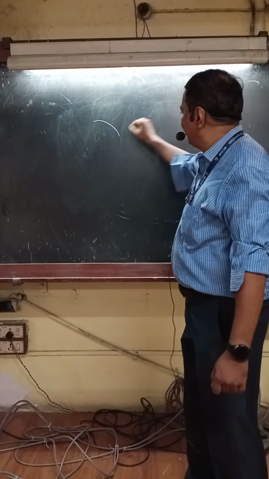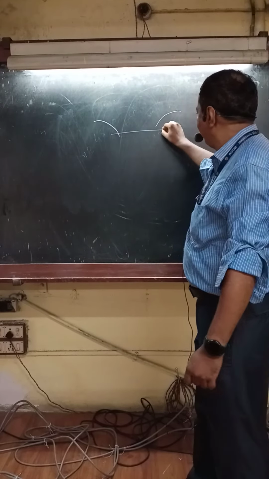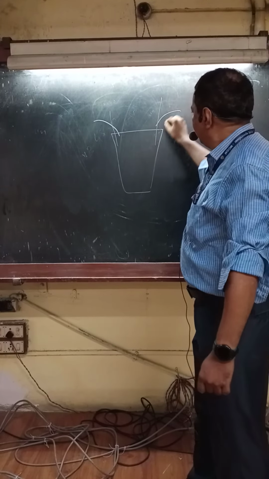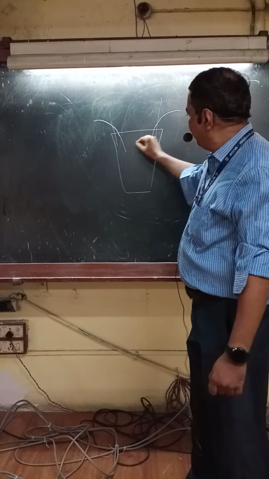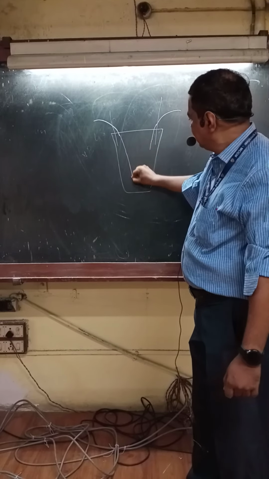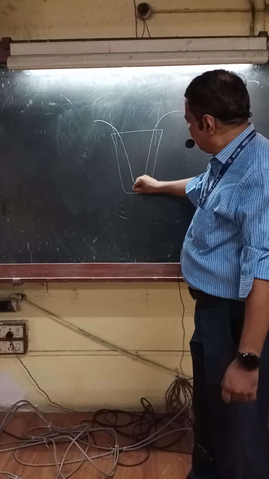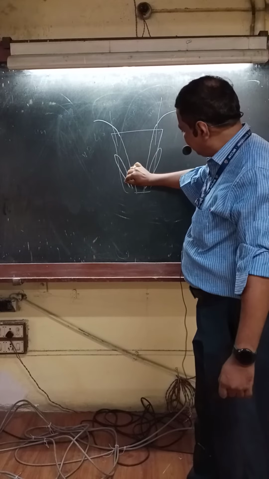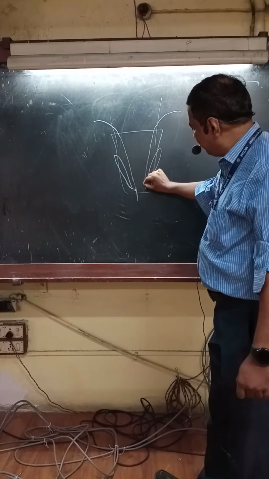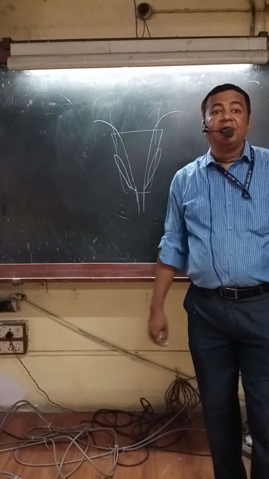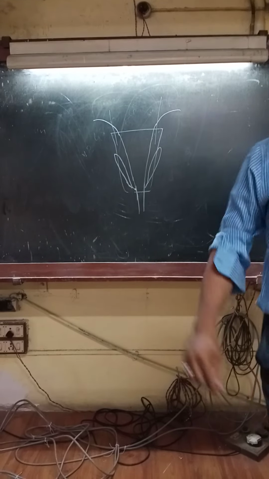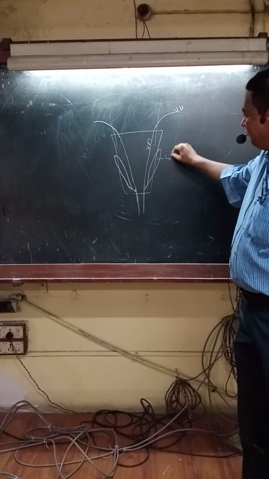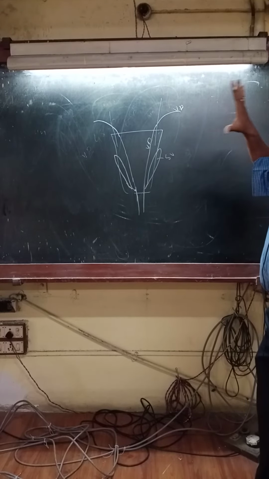Both vas deferens, if you are looking at the bladder from the posterior view, these are the ureters. They cross the ureters and come down like this. And here are the seminal vesicles. When the duct of the seminal vesicle joins the vas deferens, it is now called the ejaculatory duct. I have drawn the posterior view of the bladder.